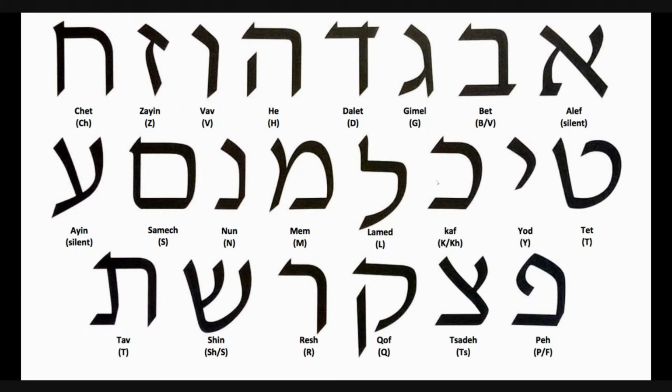We'll go syllable by syllable. The first syllable is fee, Fi, and then what does the aleph do? Ah. Right. And then fia. And then samech. Fias.